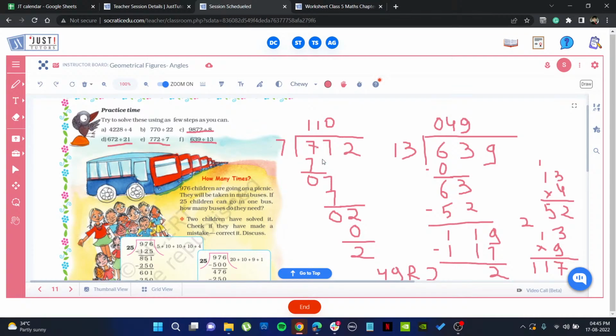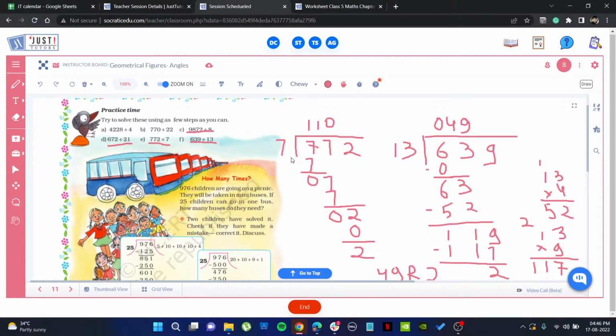After that we bring down the next number, then we think of a number so that if we times it by the given divisor, we should multiply it by that number. Then again we perform subtraction, then again we bring it down. So we keep on repeating these steps again and again until we get 0 at the very end.